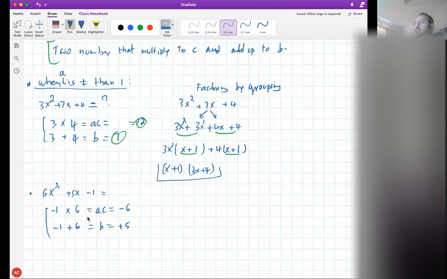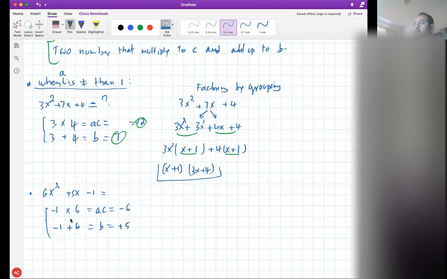So these are the numbers we're looking for. Again, look for two numbers that multiply to AC, and the same numbers must also add up to +5. In this case, -1 and 6.